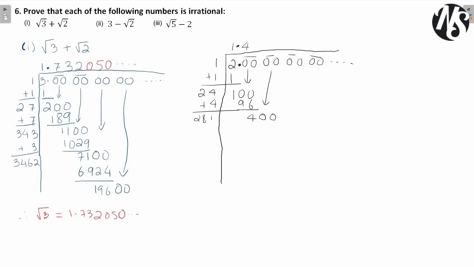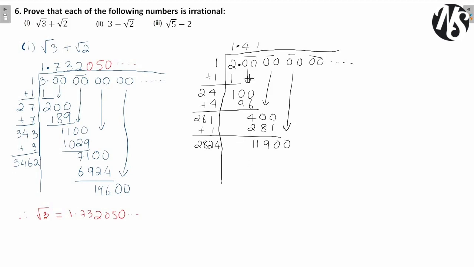So you have to write 1 here, so 1 into 281. Add 1 to it, so this becomes 282. When you subtract this, you get 119. Bring these 2 zeros. Now how much should I put here?